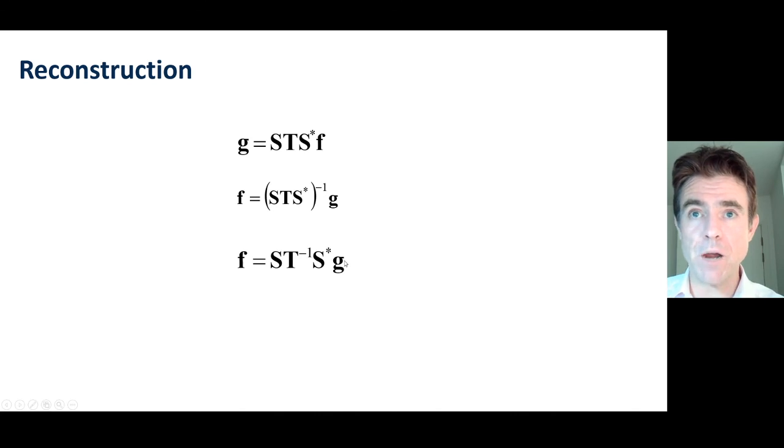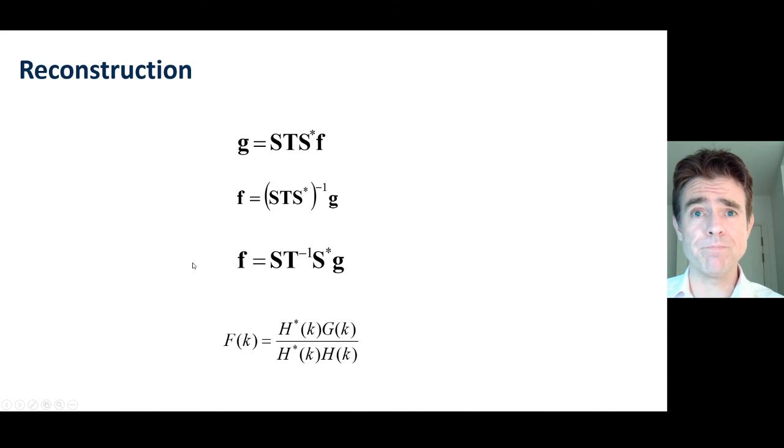So you take your back-projected image or your convolved result that you want to deconvolve, Fourier transform it, apply the inverse of the transfer function to it, and then inverse Fourier transform, and that gives you the object.